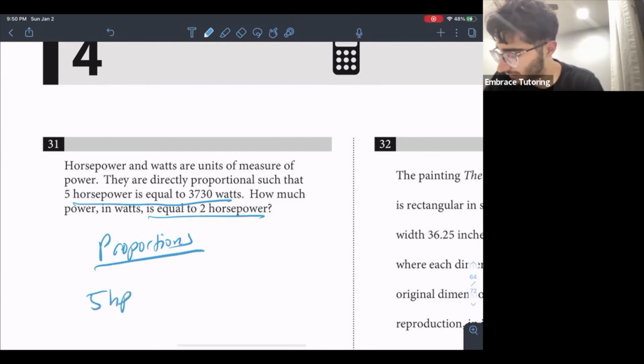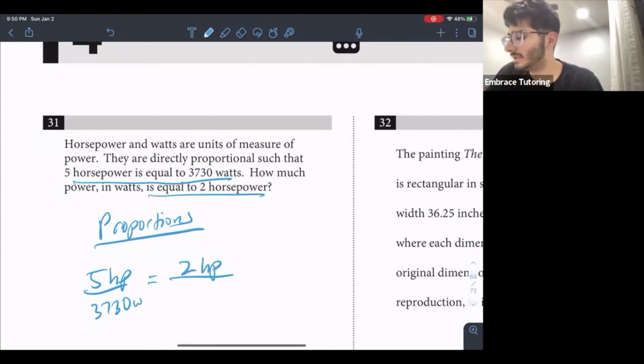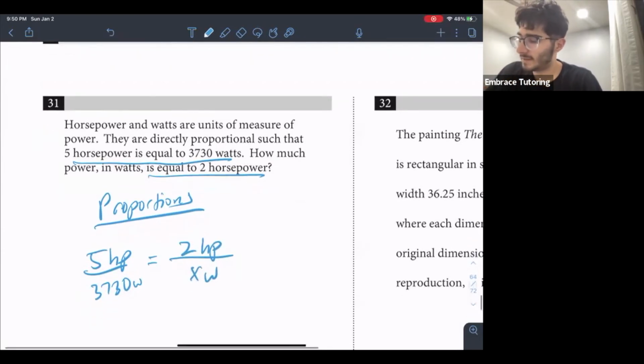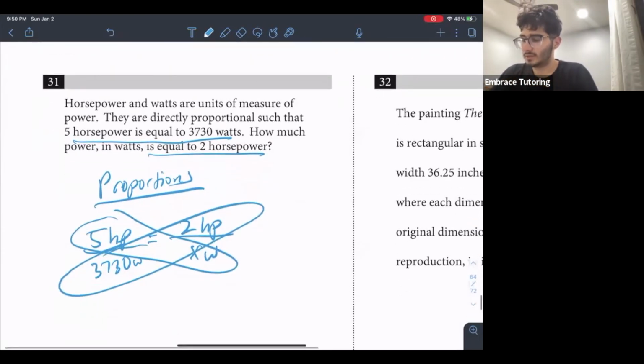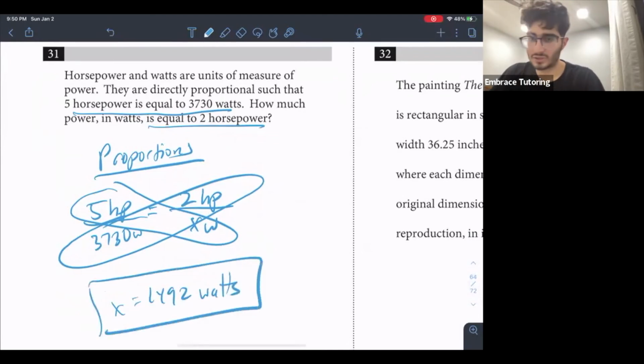So 5 HP over 3730 watts is equal to 2 HP over X watts. And you can cross multiply to get 3730 times 2 divided by 5 to get X is equal to 1492 watts. And that's how you solve question 31.